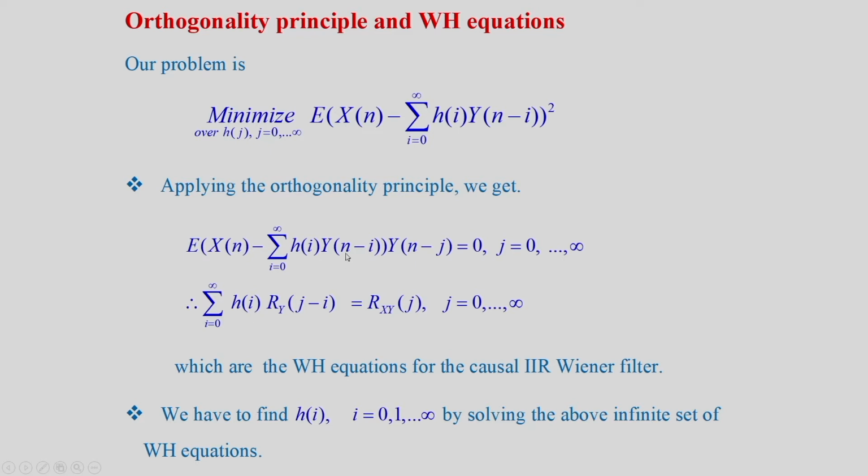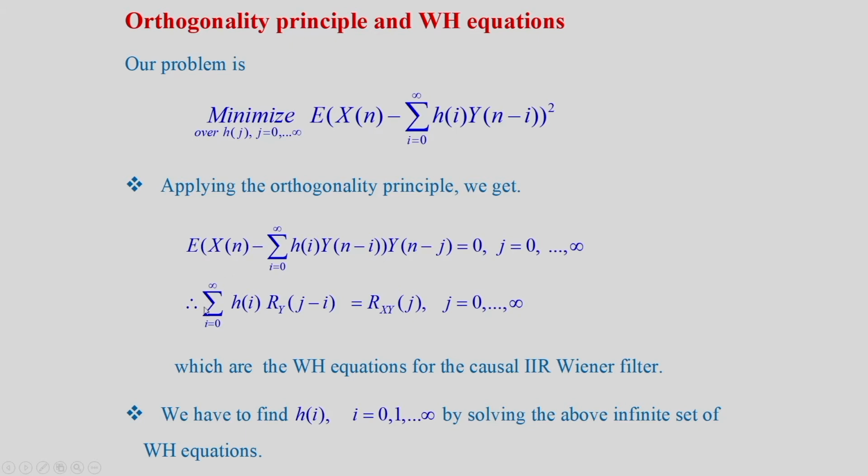Now, since we are considering WSS process, E of y n minus j into y n minus i will be r_y of (j minus i). Similarly, x n into y n minus j, if we take the expectation, we will get r_xy of j.